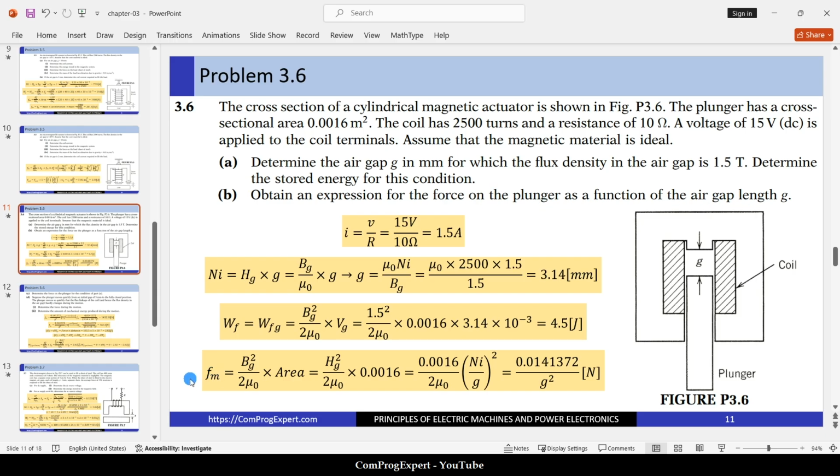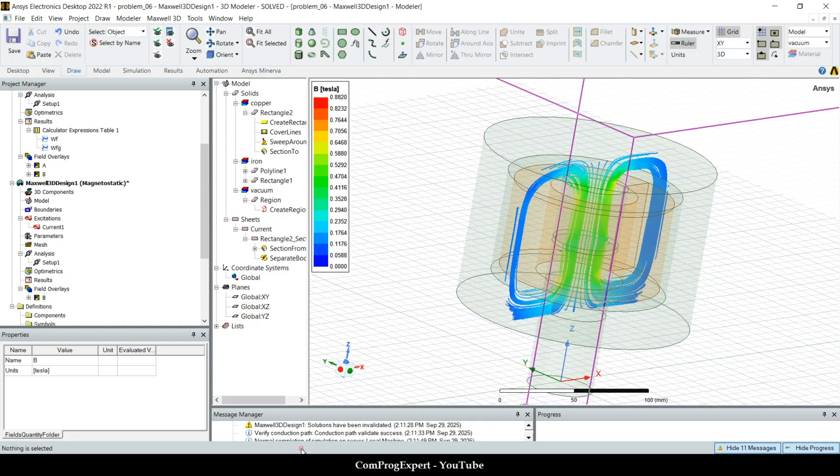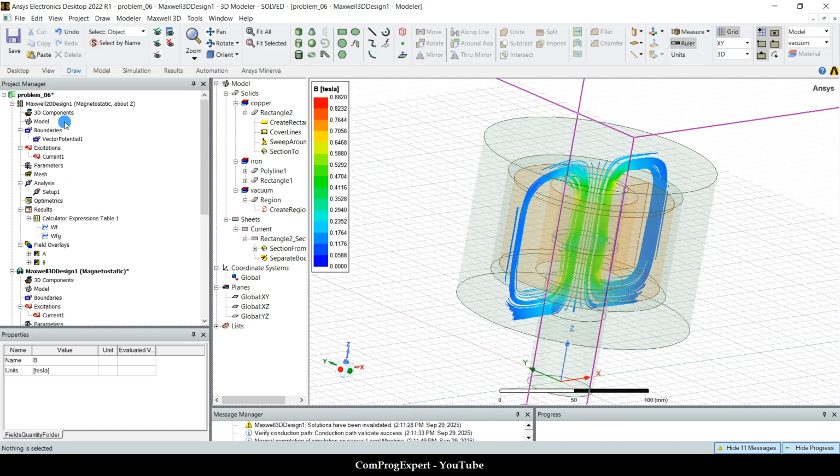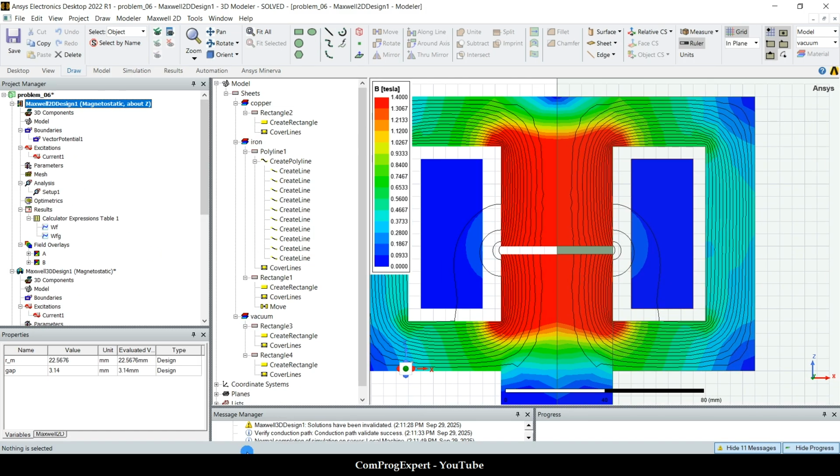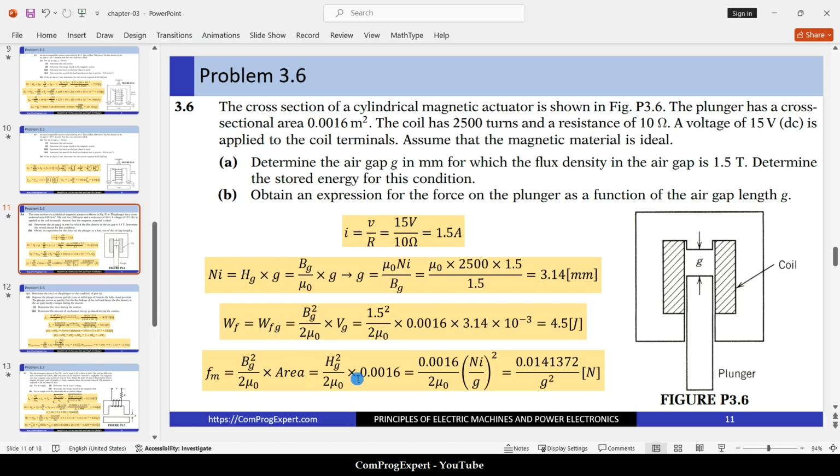We know that the force is equal to B gap to the power 2 divided by 2 times mu 0, times the cross section area. So this is the cross section area.